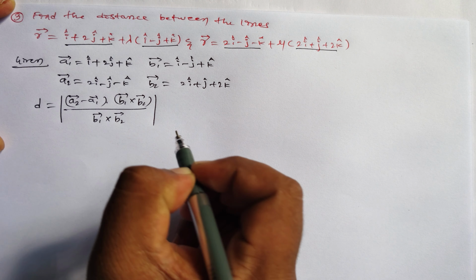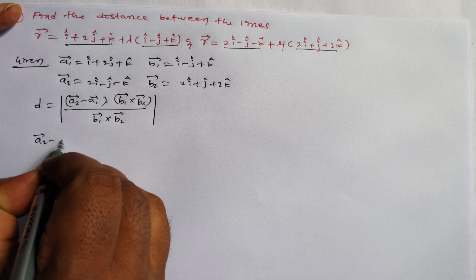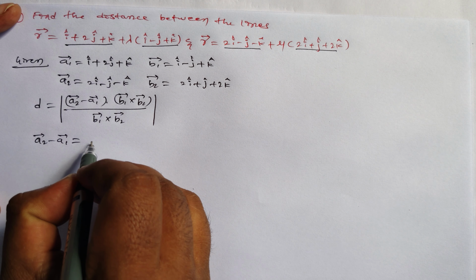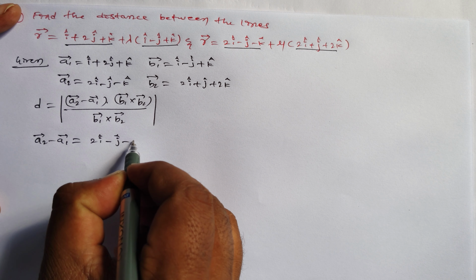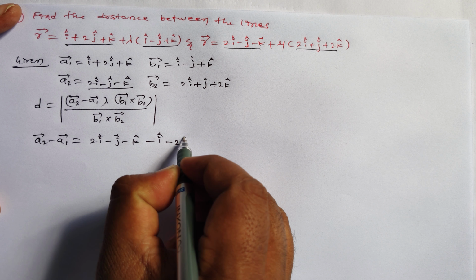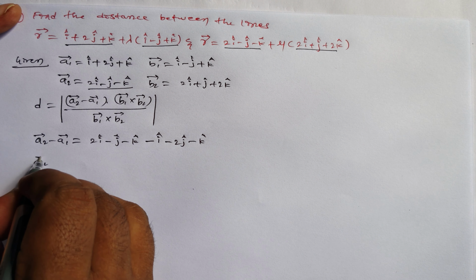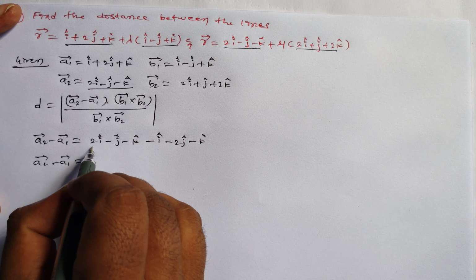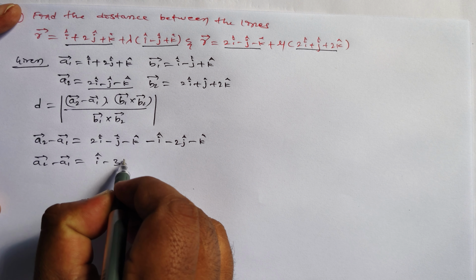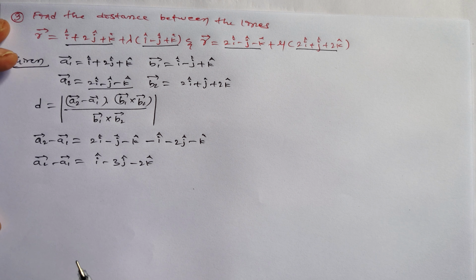Okay, so first you find a2 minus a1. a2 minus a1 is equal to 2I minus j minus k cap minus (I plus 2j cap plus k cap). So 2I minus I becomes I, minus j minus 2j becomes minus 3j, minus k minus k becomes minus 2k cap. Right, so that is a2 minus a1.